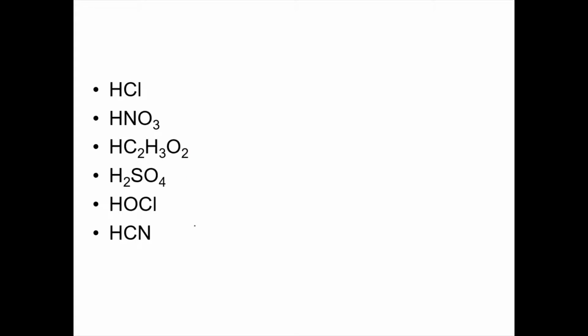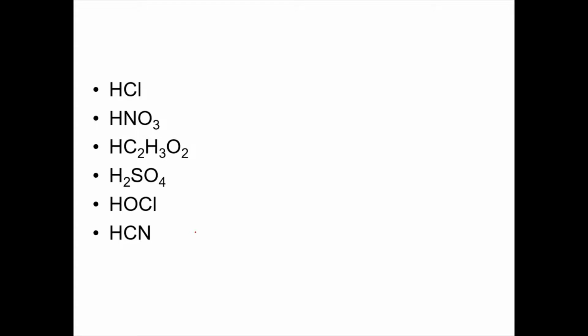And whether that anion ends in ide, ate, or ite, you would name the acid accordingly. I'm not going to go into that again. That's something from chapter 10. We did that back in chapter 10.